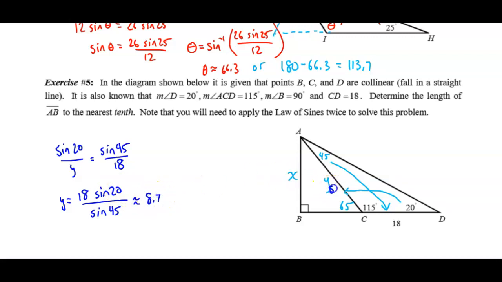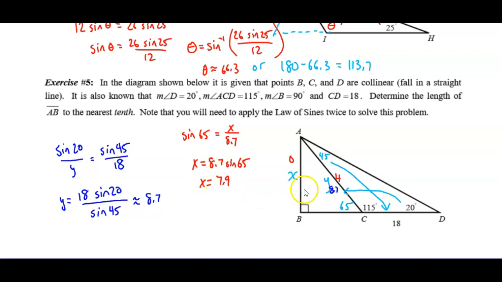So that's over here. And now that acts as the hypotenuse of triangle ABC. And the x would be the opposite in triangle ABC from 65 degrees. So that's a sine equation. Just going back to SOHCAHTOA now. So sine 65 is equal to opposite x over hypotenuse 8.7. And so x is 8.7 times sine 65. And so x comes out to about 7.9.